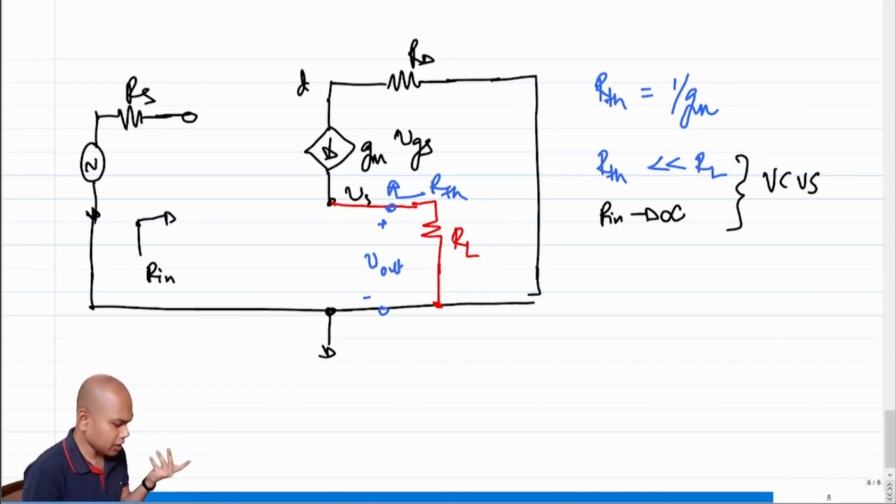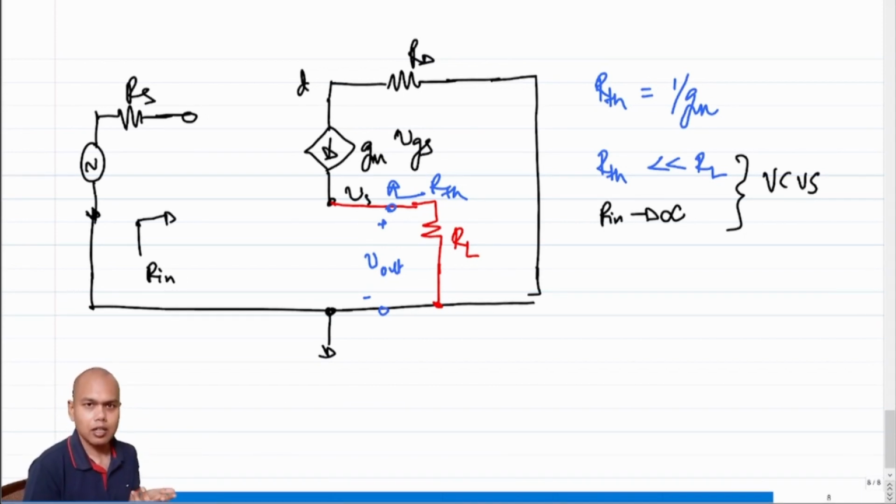If this is a voltage controlled voltage source, I would like to investigate more and see what the Nortonized version of this is, because ultimately we are interested in V out over Vi, right? I would like to know what the Norton equivalent is. In a Norton equivalent, what do we need to do? We need to find the short circuit current and what else?